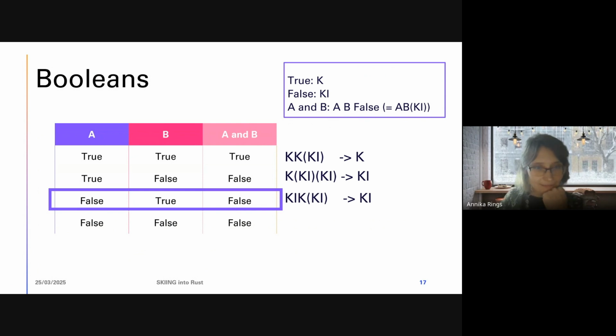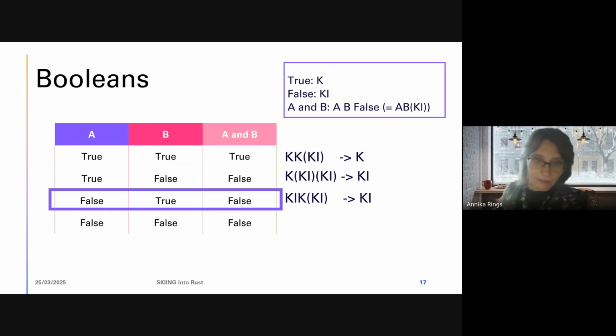The third line, false and true, we expect that also to be false. We write that as KI, K, KI. I could have put parentheses around the first KI here, but it's not necessary because we're evaluating it from left to right anyway. So in this case, the K returns I and discards this K after it. And so in the next step, we have here I, KI, and I, we know, just returns its argument, so that returns KI.